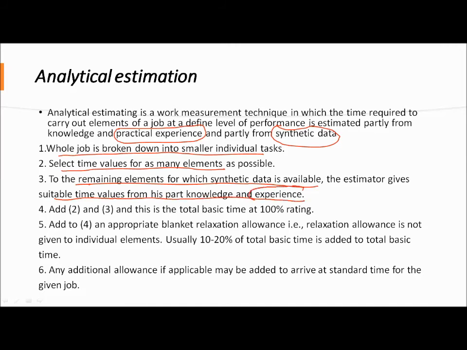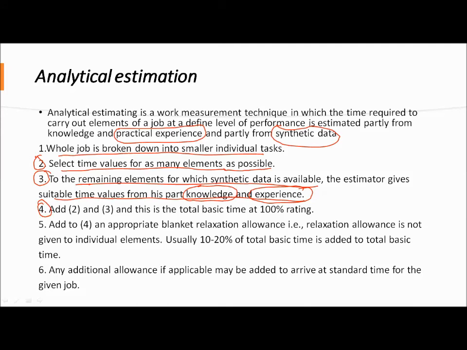Again, see, the estimator has experience and knowledge about the process. So for the remaining elements for which the time values are not available, from his knowledge and experience he gives the time values to the remaining elements. So if you add steps 2 and 3, then you can get step 4.